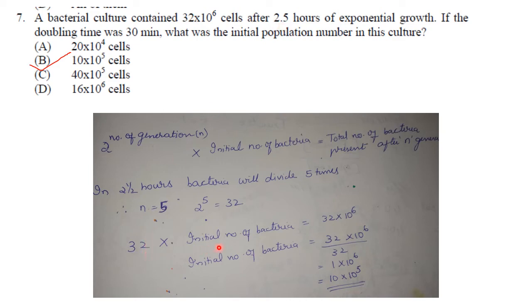So 32 into initial number of bacteria is equal to 32 into 10 raised to 6. So initial number of bacteria will be 32 into 10 raised to 6 divided by 32. That is equal to 1 into 10 raised to 6, or you can even rewrite it as 10 into 10 raised to 5. So the answer is option B, 10 into 10 raised to 5 cells.